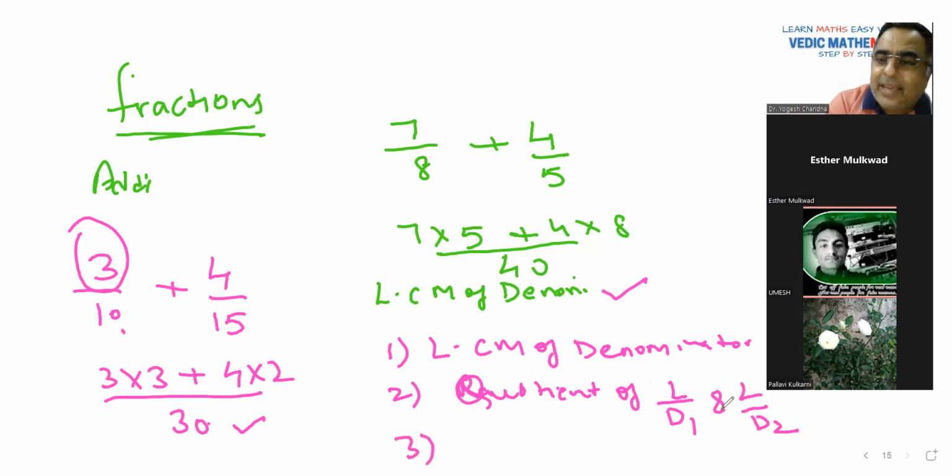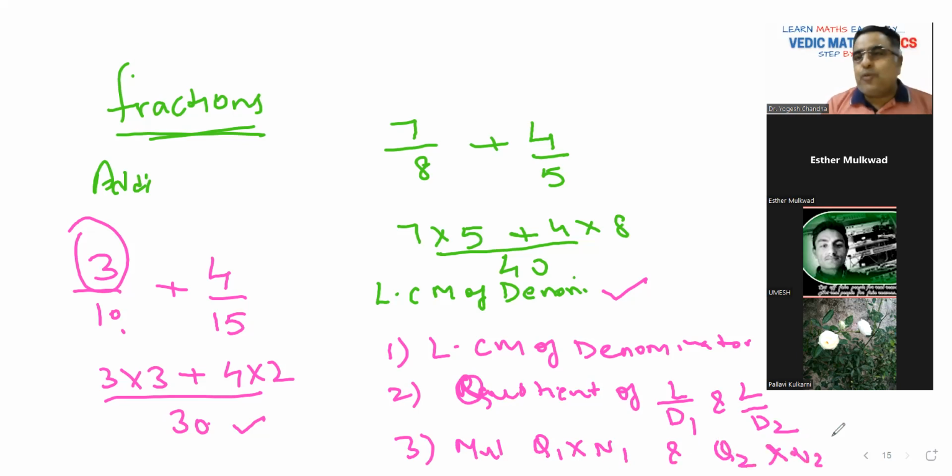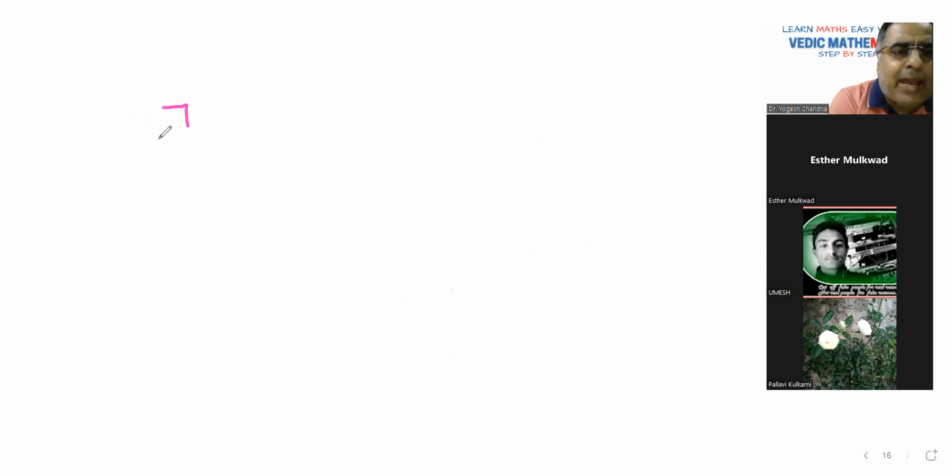Third step, you multiply Q1 with N1 and Q2 with N2. And this is where students get confused. Yes, so many steps, 5 steps are there in actual. Now, Vedic maths gives a very simple solution to it. See now, 7 by 8 plus 4 by 5. Multiply denominators.